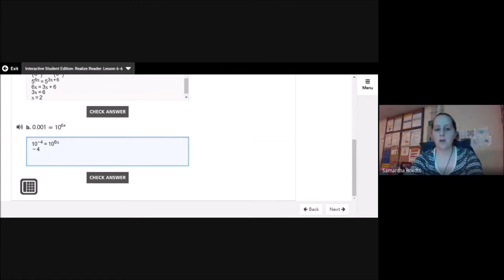Not 4, this should be 3. So then -3 equals 6x, divide both sides by 6, so x equals -1/2.